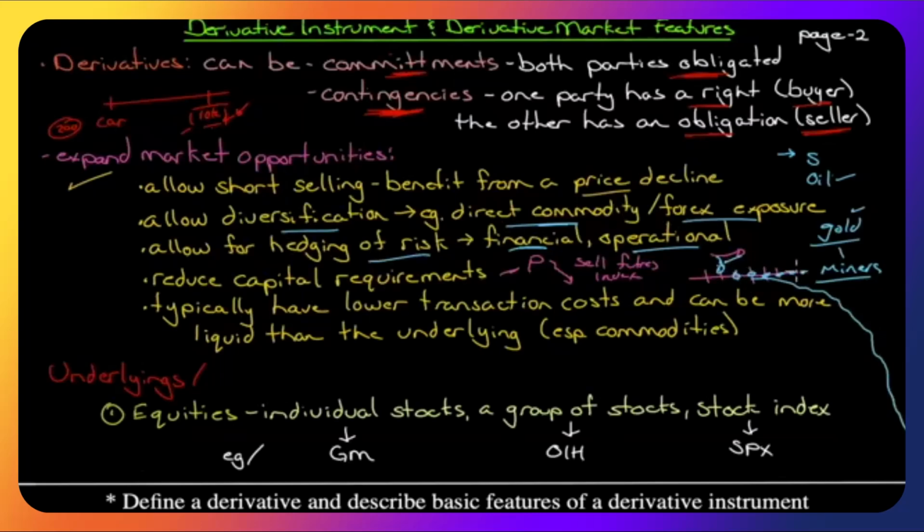Reduce capital requirements. So let's say that you wanted to benefit from a rise in the price of oil. The contract is CL. It is for 1,000 barrels of oil. And let's say oil is $100. That's $100K.